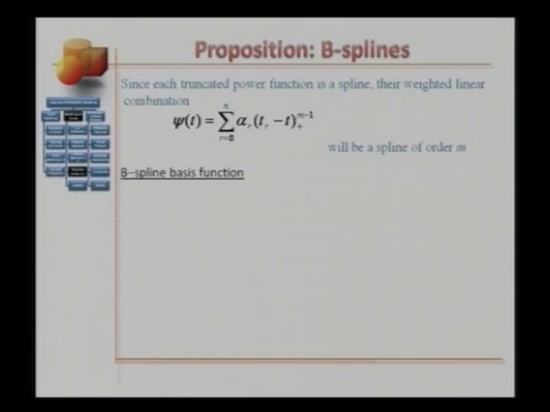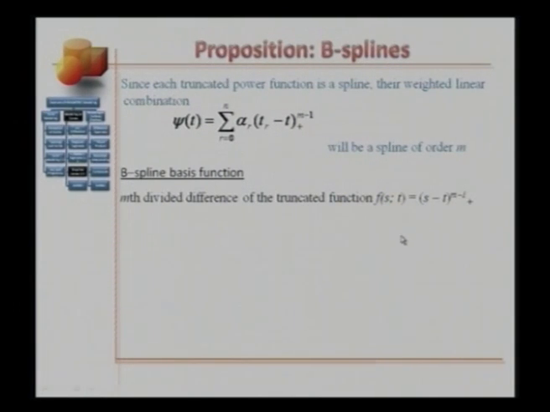And so we had mentioned that a B-spline basis function is the mth divided difference of the truncated function f of s colon t, which is equal to s minus t truncated raised to m minus 1.